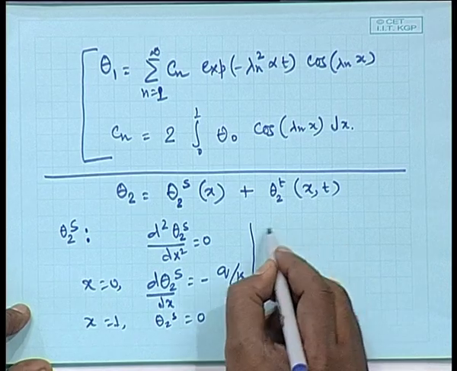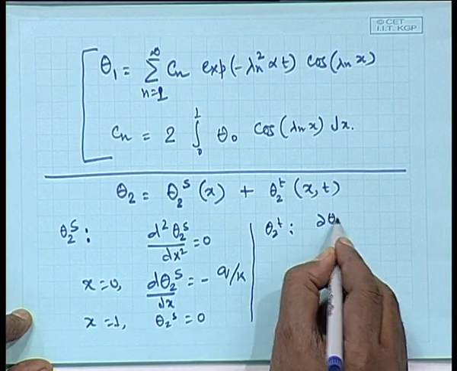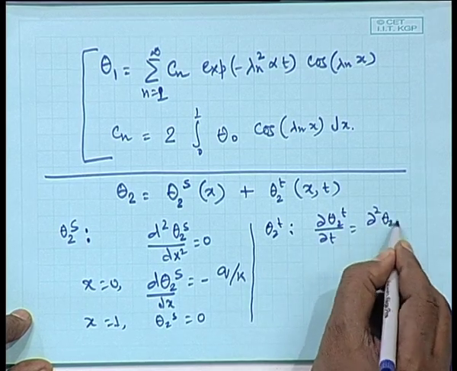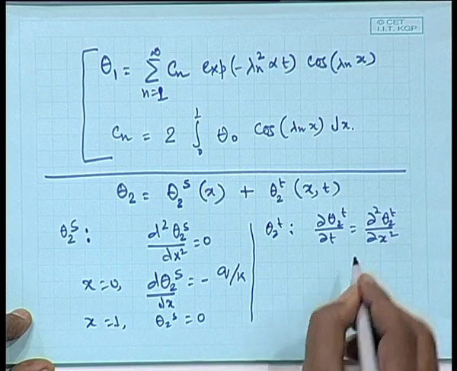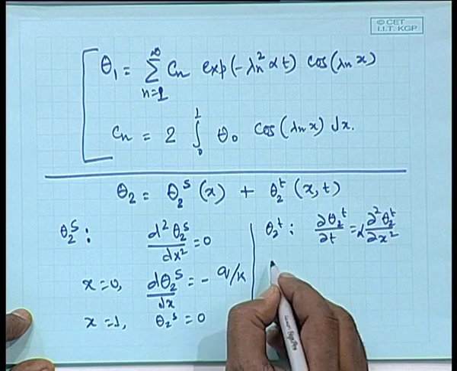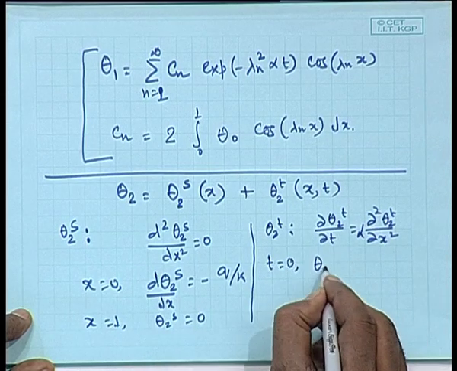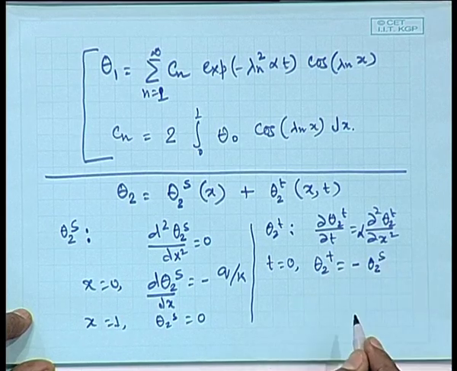Okay. So, the other part will be theta 2 t: del theta 2 t del t is alpha del square theta 2 t del x square, subject to, at time t equal to 0, theta 2 t will be nothing but minus theta 2 s.